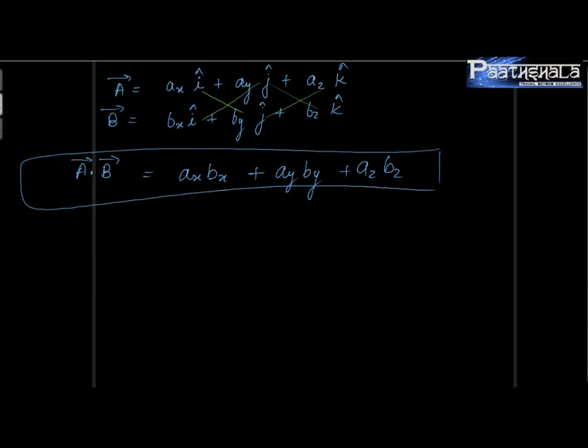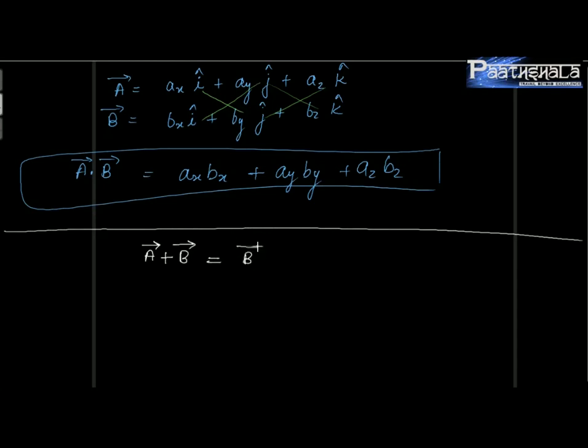I must tell you a very important thing about vectors at this stage, and it is this: vectors have to follow this particular relation. A bar plus B bar has to be equal to B bar plus A bar. That is, vector addition has to be commutative. This is how we define vector addition to be.